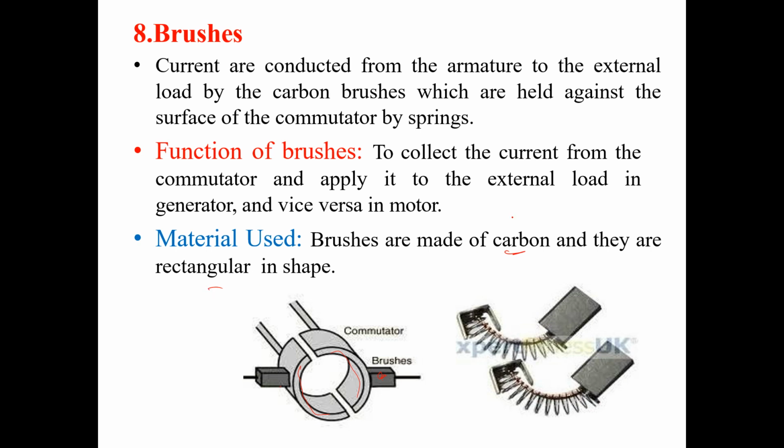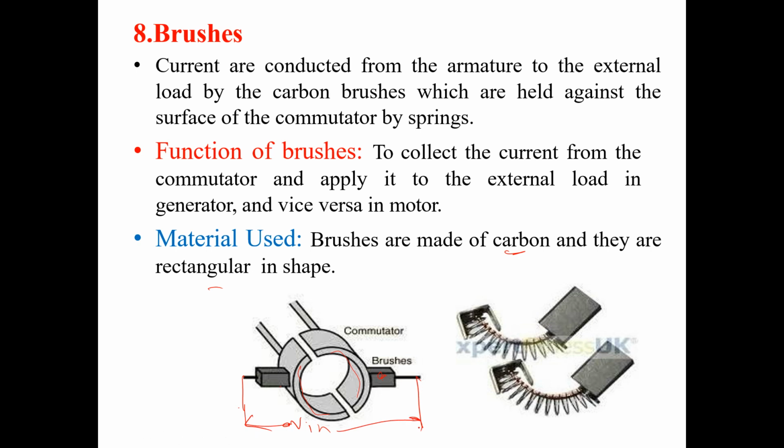Why are they made of carbon? To reduce the commutation, as we studied in earlier cases. The function of the brushes is to collect the current to the stationary circuit, because outside we have a stationary circuit. Either we give input current or we take output.